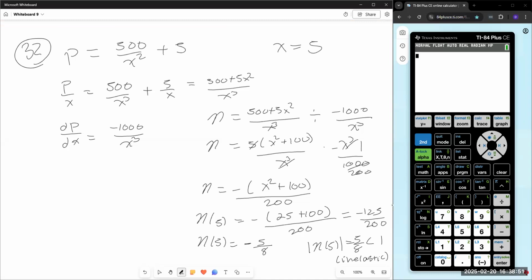And let's go ahead and look at what the revenue equation would be here. It would be 500 over x plus 5x. And it's going to come down and go up like that.